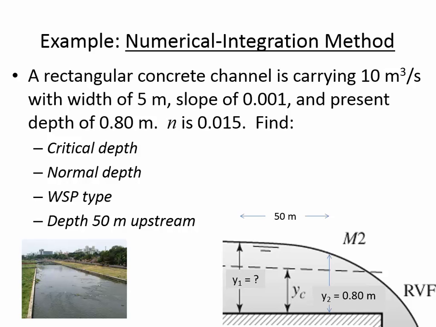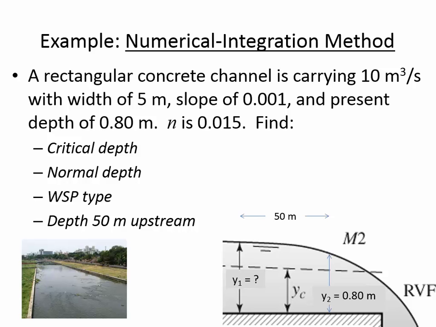If we went further upstream, eventually it was flowing at the normal depth, but then the water level started going down because of this drop-off. So we're in this section of gradually varying flow, and we know that here the depth is 0.8. What we're going to try and find out is, 50 meters upstream from that, what's the depth at 1?